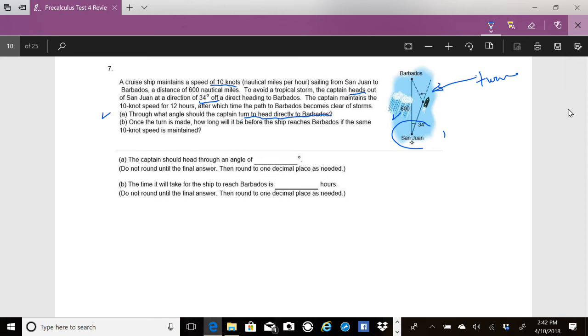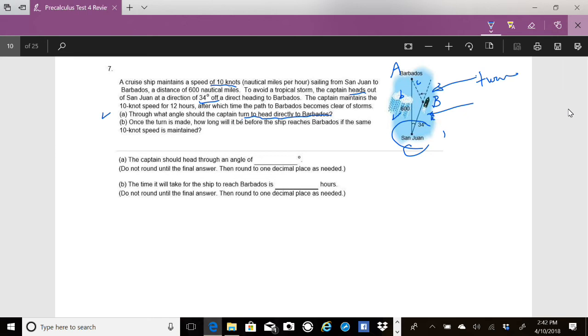Let's call this angle C. Let's call this triangle here B, angle B, and this angle A. So this side becomes C, this side becomes B, and this side becomes A.